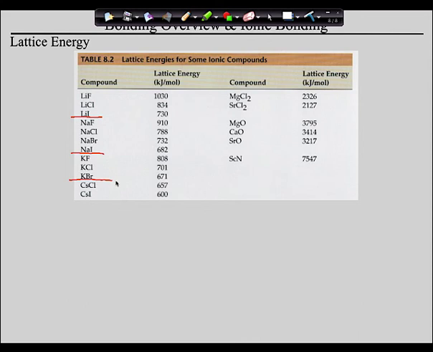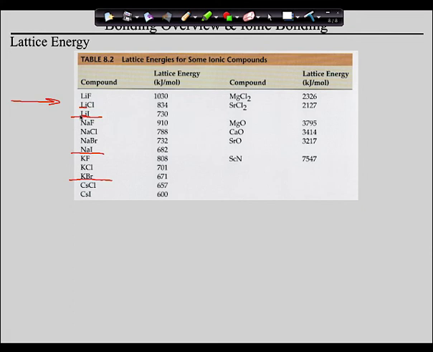So let's then narrow this down to our first set of data. Lithium is our control. What's changing? The halogen. And what is happening to the lattice energy of these salts? Going down.